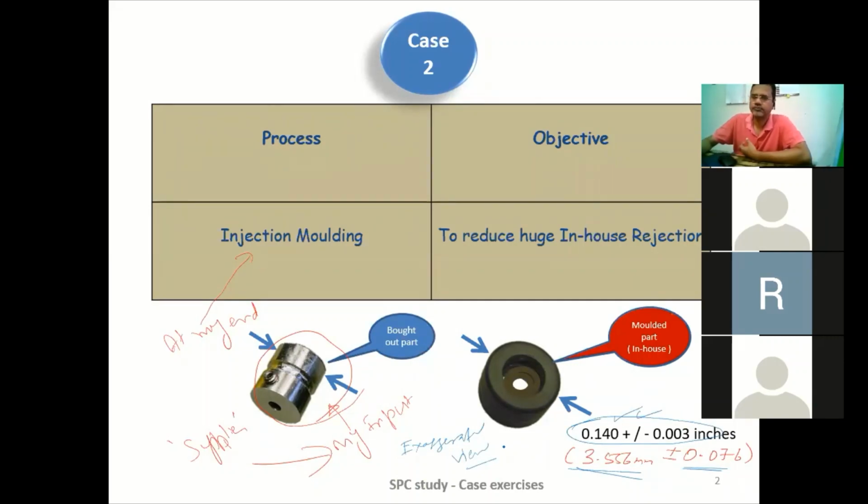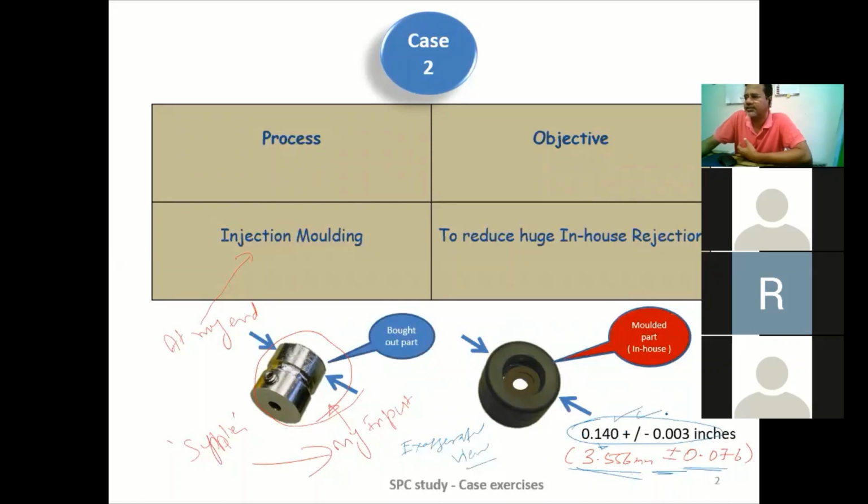Sir, what is 0.140? The values are given in inches, and I changed it to millimeters here. 0.140 inches is the base value that I converted as 3.556.